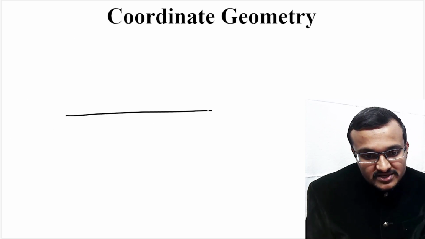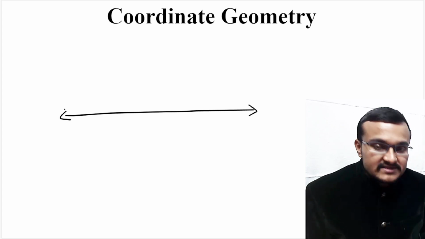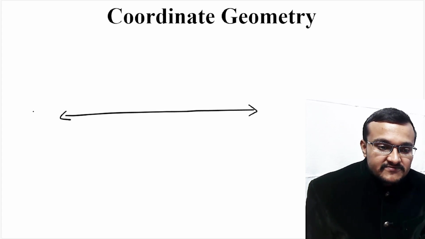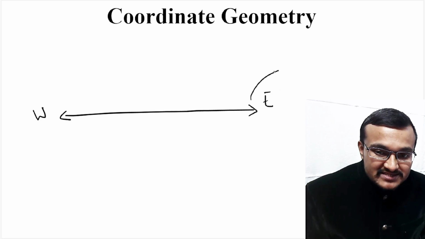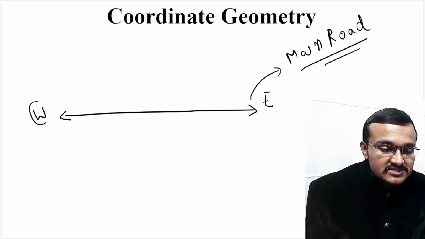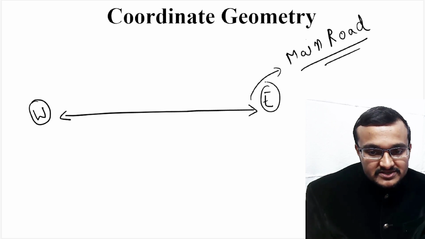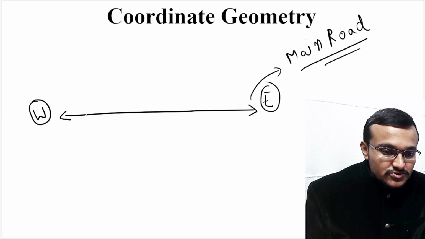Let's say there is a particular line like this. Let's say one number line is like this, and it runs from west to east. Let's call this number line as main road, and this main road runs from west to east. Now for this main road, we have so many crossroads.